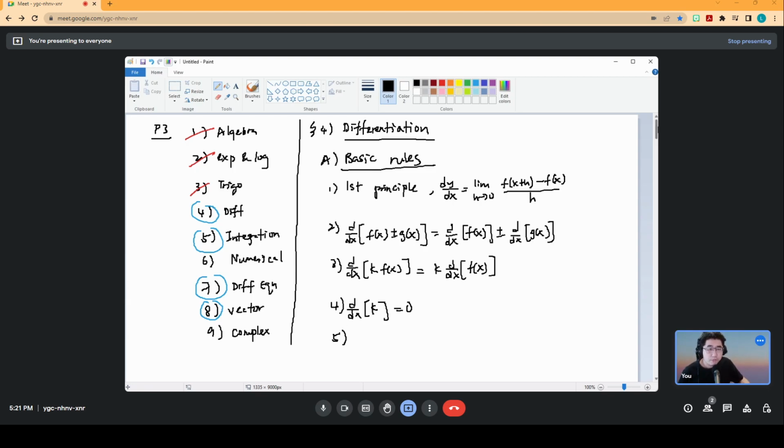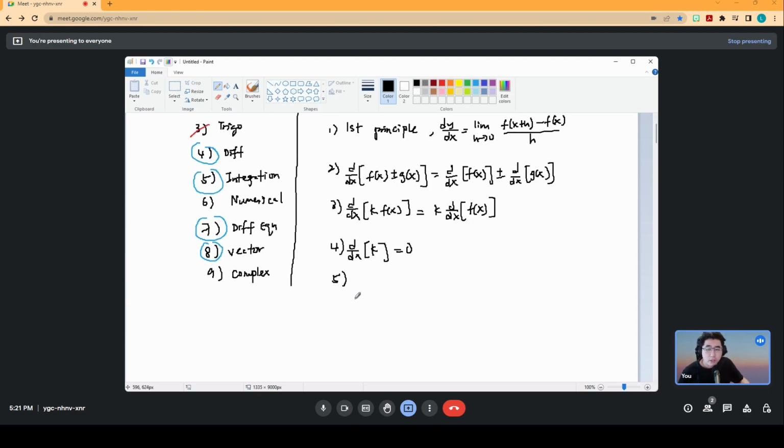Number 5, we have d dx of uv, equals u prime v plus v prime u. Number 6, u over v, gives u prime v minus v prime u over v squared.